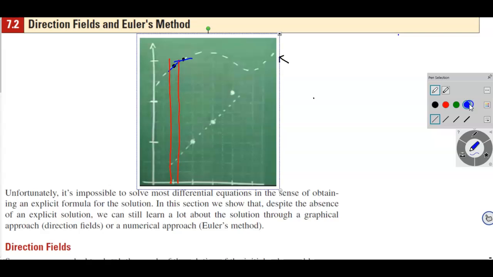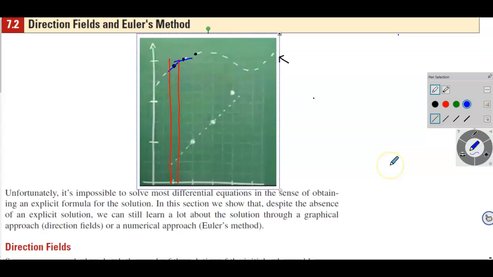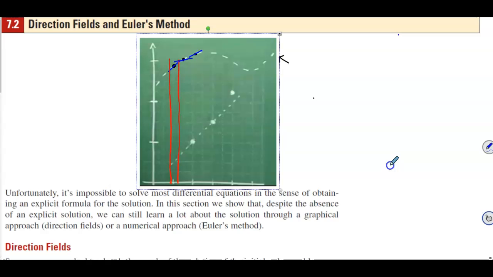And then I can step over and say, okay, there's an approximating point again to the right here. And then approximate the point on that integral function. And then I can continue to keep doing this over and over again. But those slopes are going to change depending upon the derivative function.